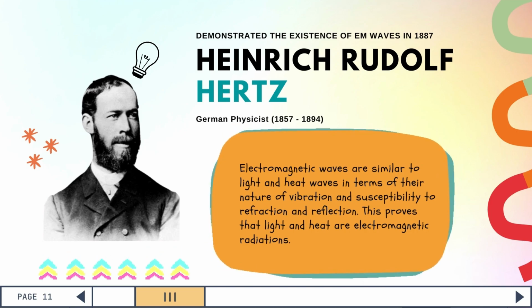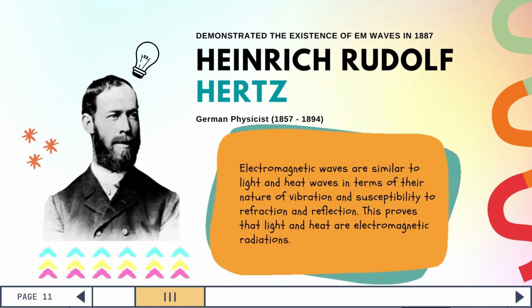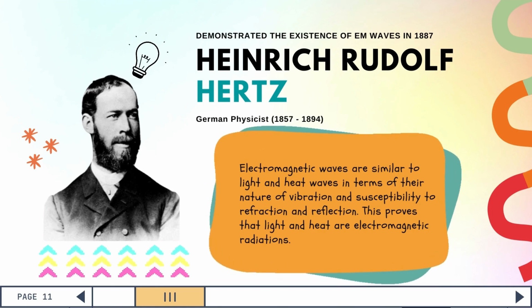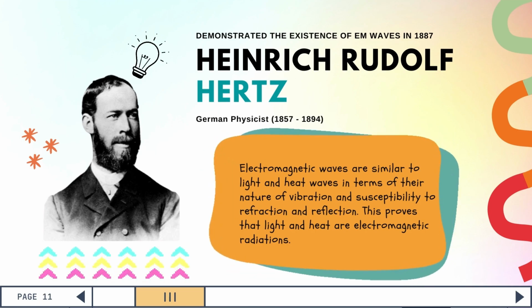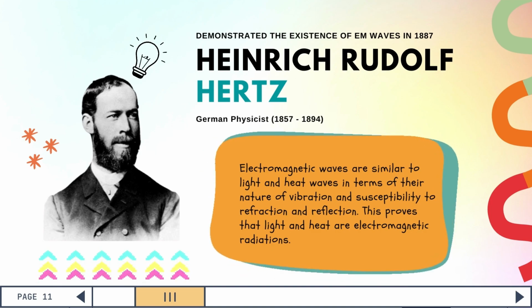He showed the similarity of electromagnetic waves compared to light and heat waves in terms of their nature of vibration and susceptibility to refraction and reflection, thus proving that light and heat are electromagnetic radiations.